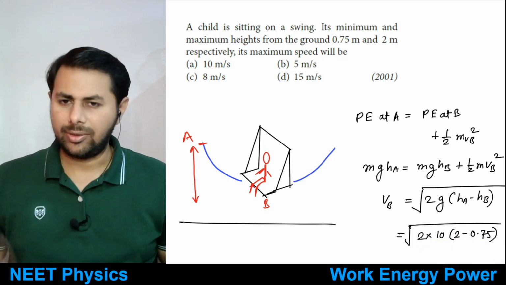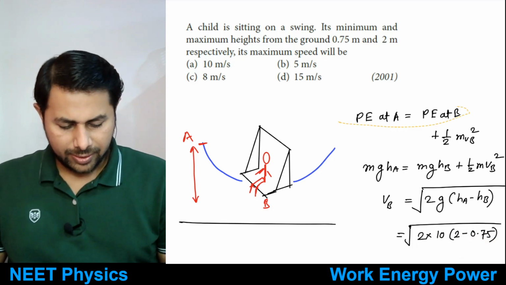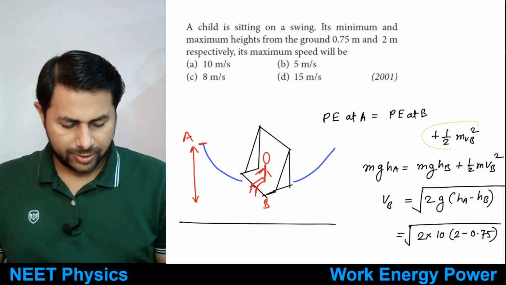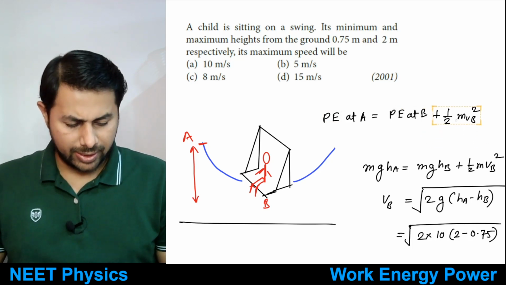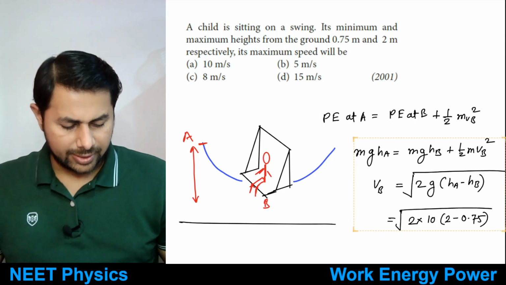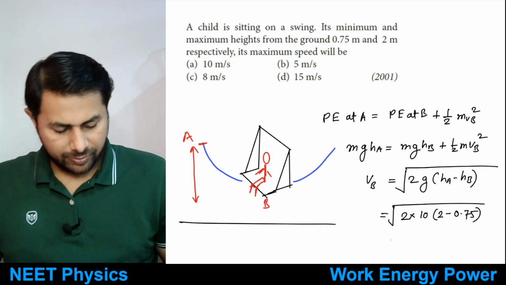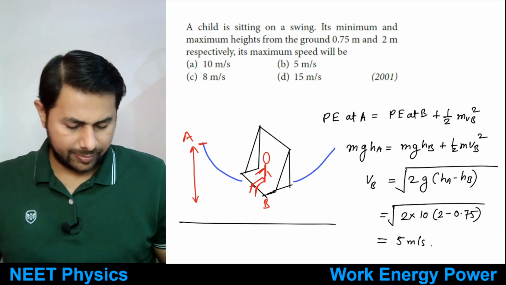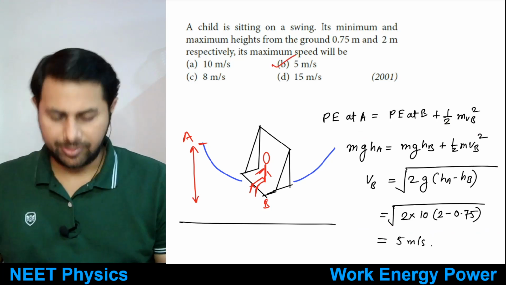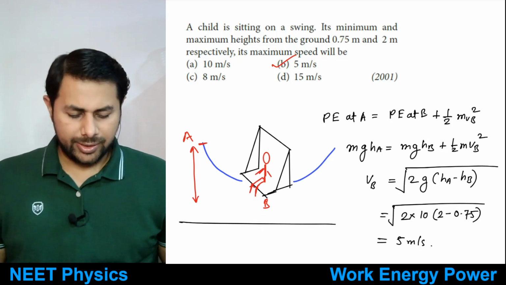The square root of 25 is 5 meters per second, right? So correct. I guess 2-3 students found the answer, right? The correct answer is 5 meters per second. That's the answer, option B. Okay, so this is simple, right?